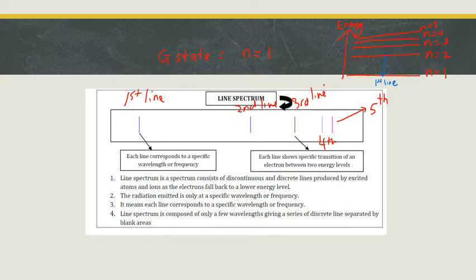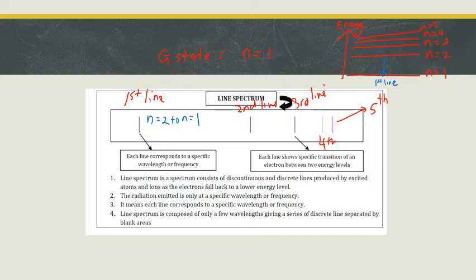You can see the gap dia sangat besar. Okay, bila tengok jarak gap dia, bila gap dia sangat besar macam ni, maksudnya yang pertama sekali tu adalah transition elektron yang pertama lah. Okay, yang turun daripada high energy level yang pertama ke lower energy level.